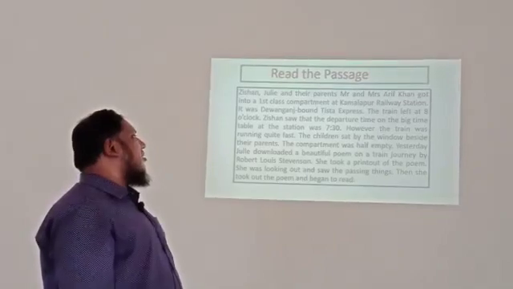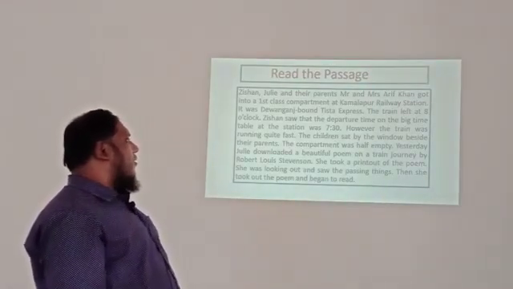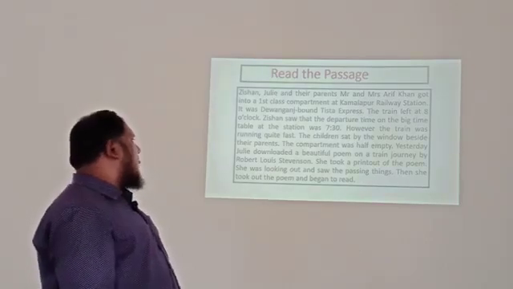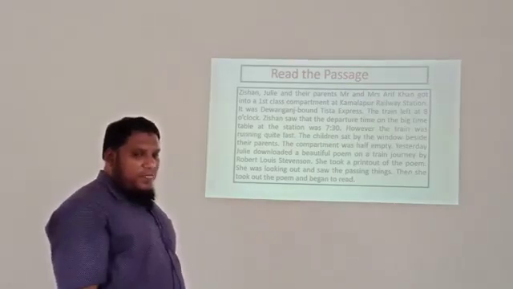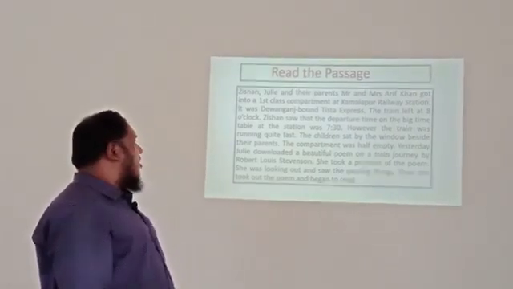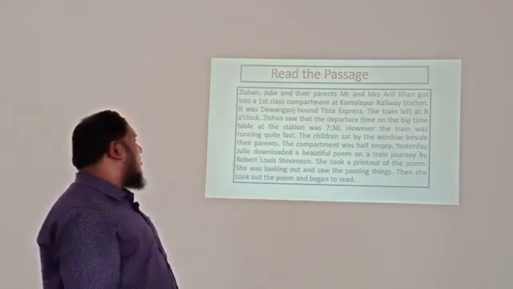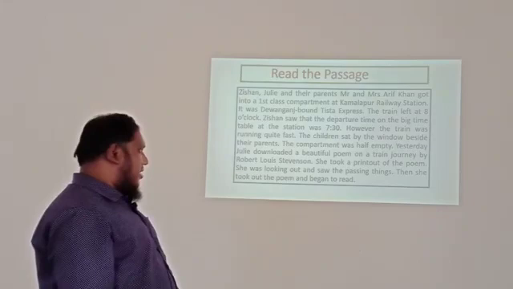It was the Dawanganj bound express. The train left at 8 o'clock. Jason saw that the departure time on the big timetable at the station was 7:30. However, the train was running quite fast. The children sat by the window beside their parents. Their compartment was half empty.